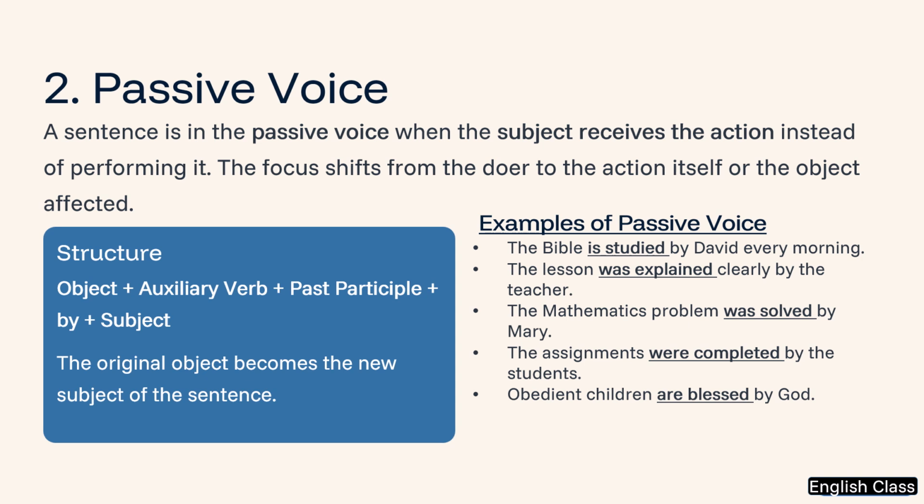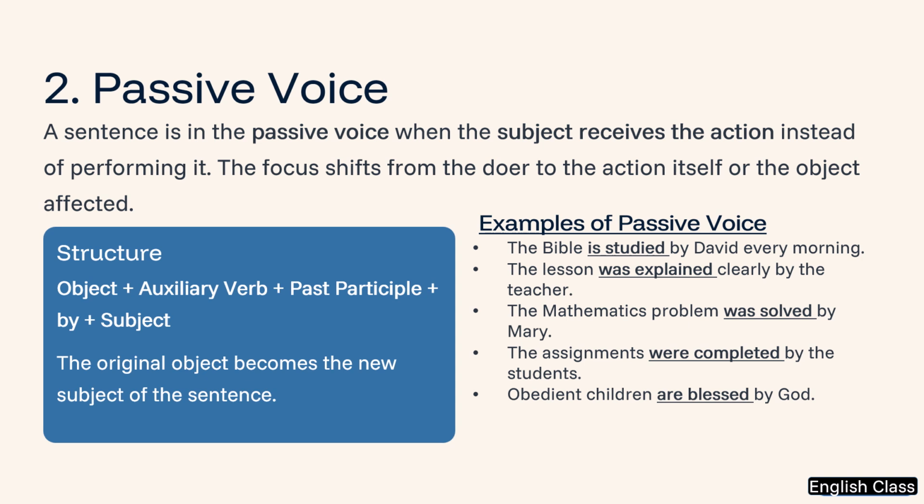Are you following? The lesson was explained clearly by the teacher. The lesson is the object, but now it is the subject because it's coming first. So the object comes first, plus the auxiliary verb, which is was, plus the past participle of the word explain, which is now explained. Then we have what? Clearly. And then by, plus the subject, the teacher.